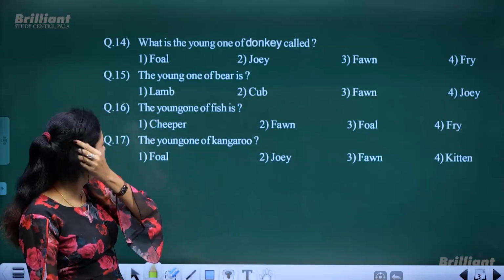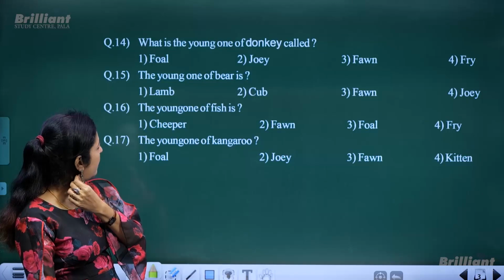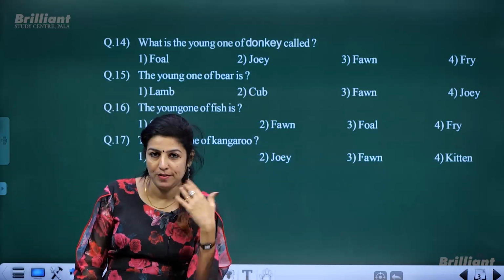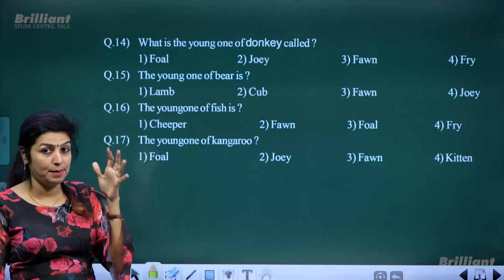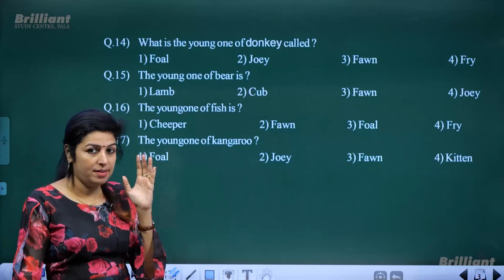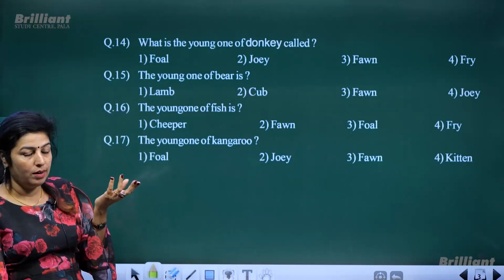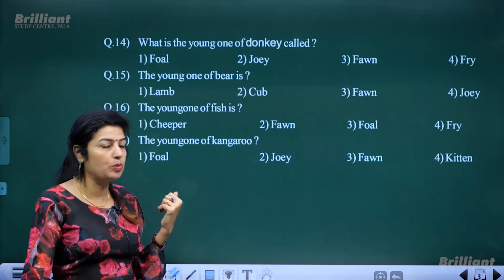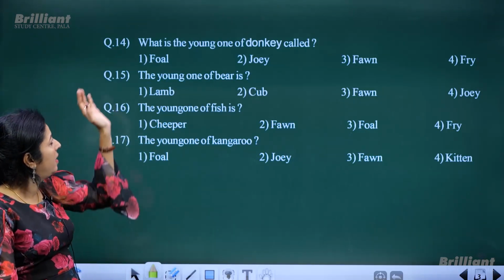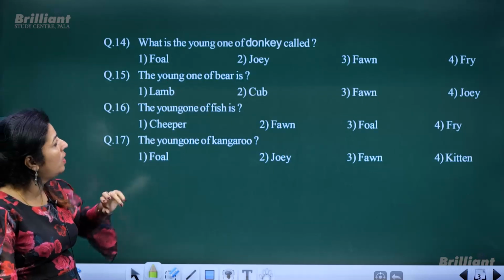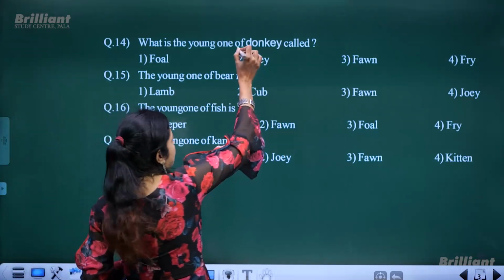Now we have interesting questions. In smaller classes, in junior classes, you might have studied these types of questions, right? But sometimes you may not know the answer for these questions. Like, what is the young one of a donkey called?